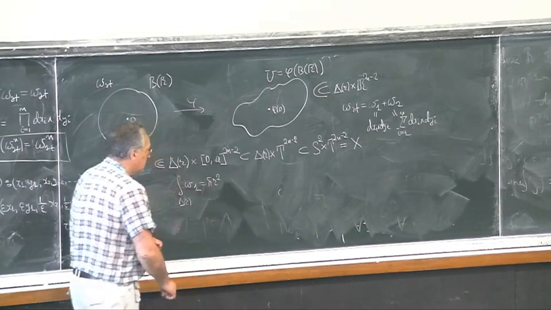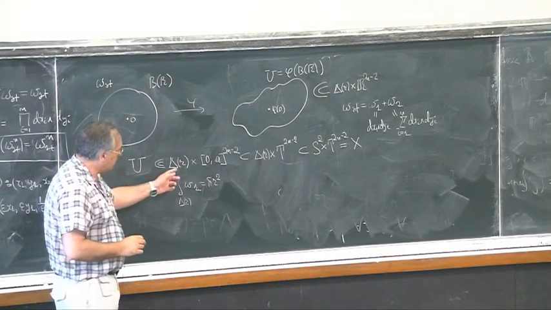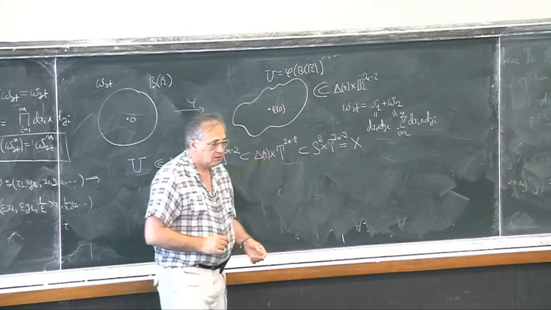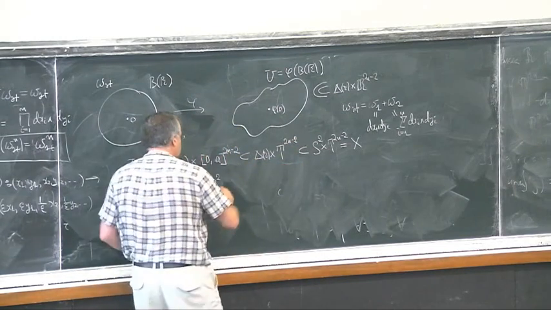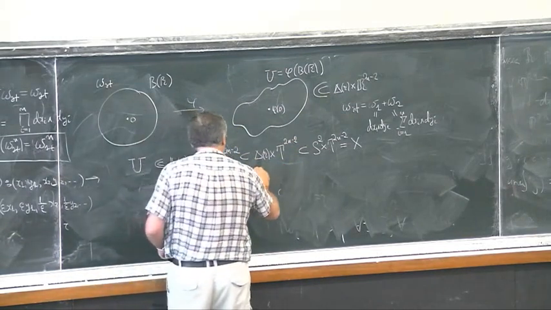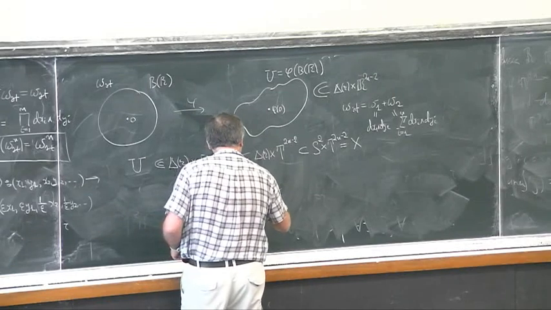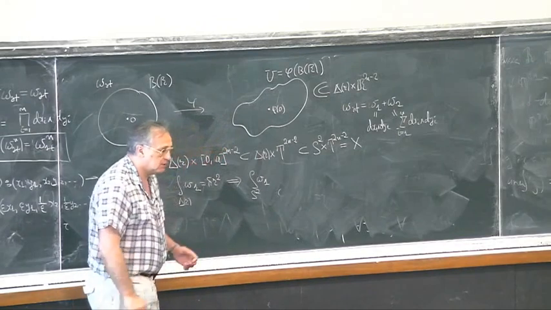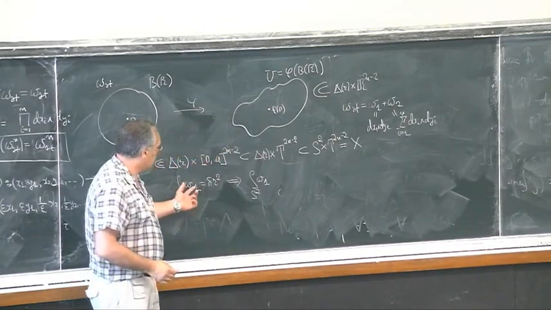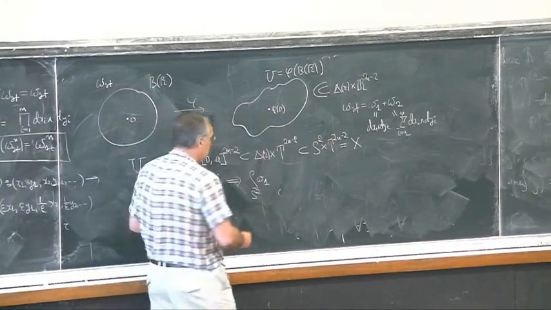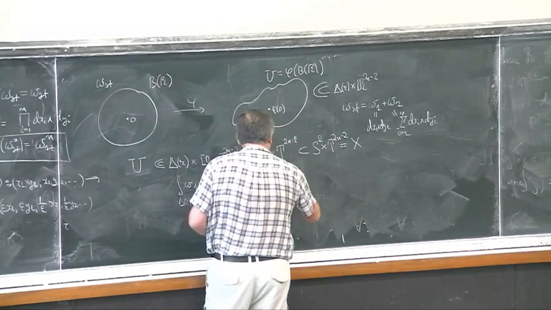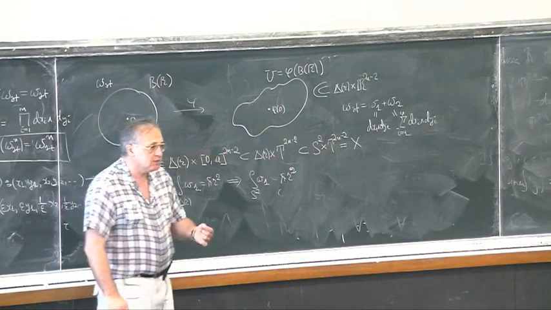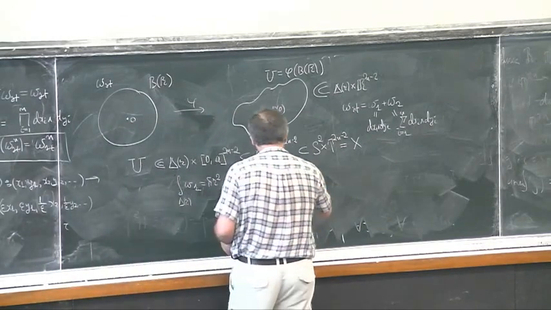Then we can extend this form from the disk to the sphere in such a way that the integral over the sphere of the extended form, for which I don't change the notation, will be a little bit bigger, pi r squared plus epsilon.